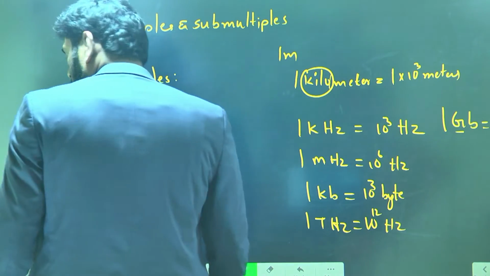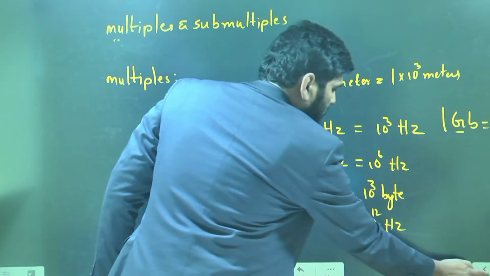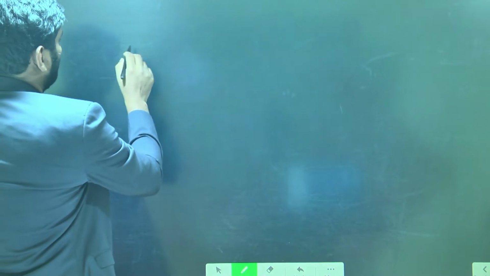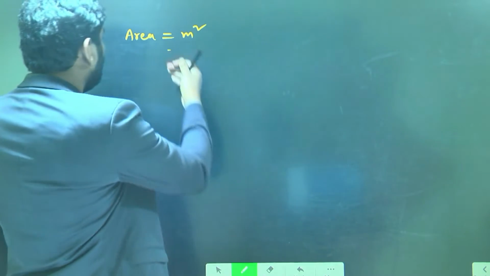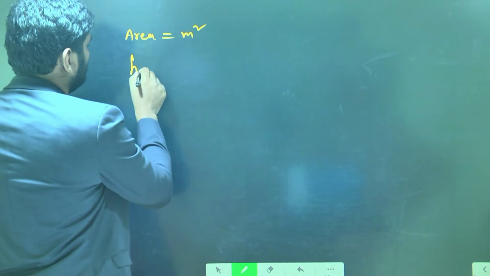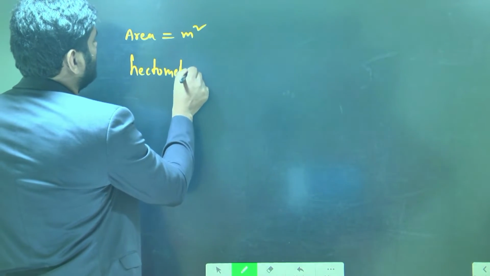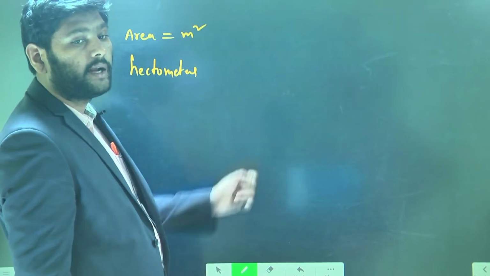For example, if I take hectare, look here, hectare. Area units are generally meter square. But here hectometer, that hectometer square we can call hectare.